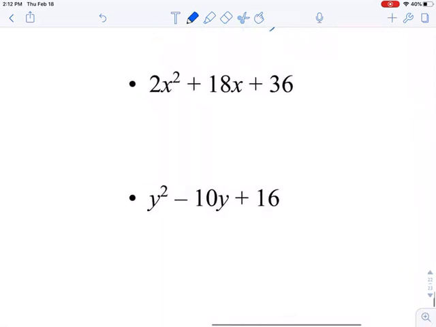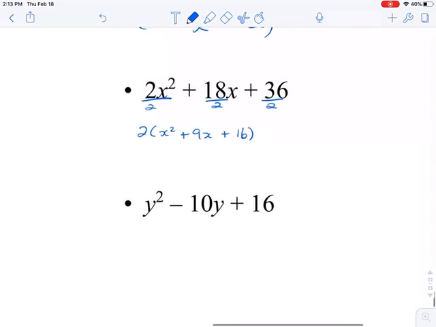Okay, GCF time. So let's factor out the 2. So we get x squared plus 9x plus 16. Now, x squared and 16 are perfect squares.